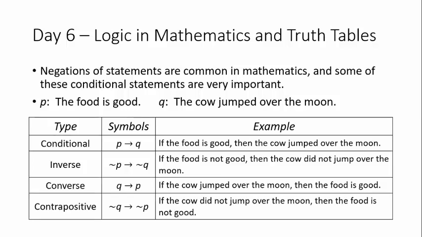In our regular conditional statement, if P then Q, we would have, if the food is good, then the cow jumped over the moon. When we create the inverse, we're negating both P and Q. So the conditional statement would read like this. If the food is not good, then the cow did not jump over the moon.